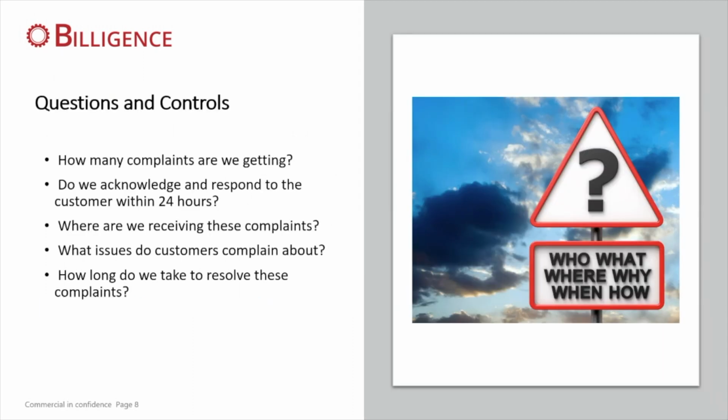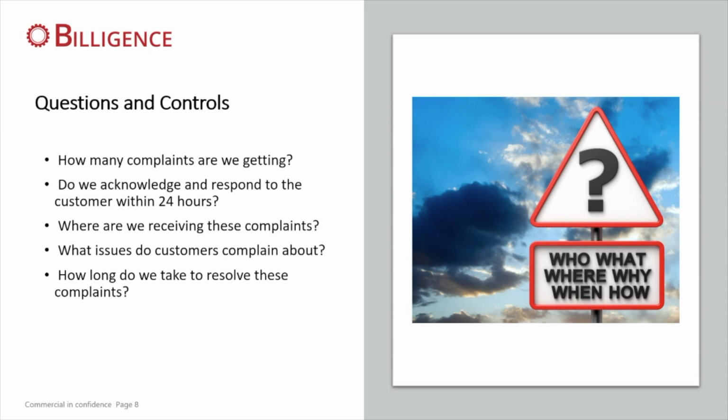So now that we understand the regulation, and we have had a look at the dataset that we have, let's come up with some questions and controls of how we can comply with this regulation. We can already think of questions like, how many complaints are we getting? Do we acknowledge these complaints in time?